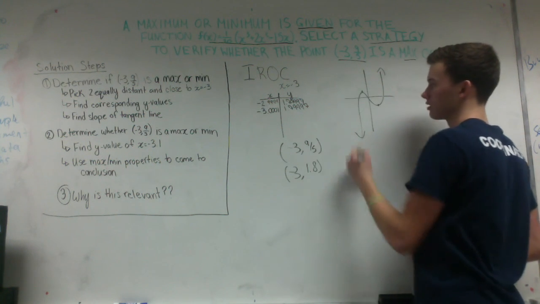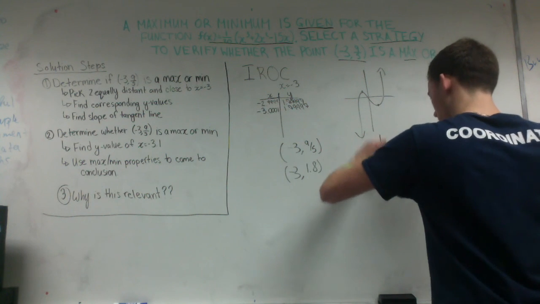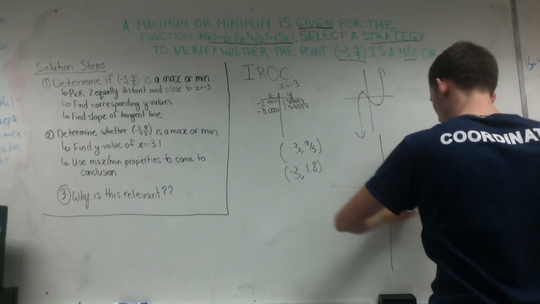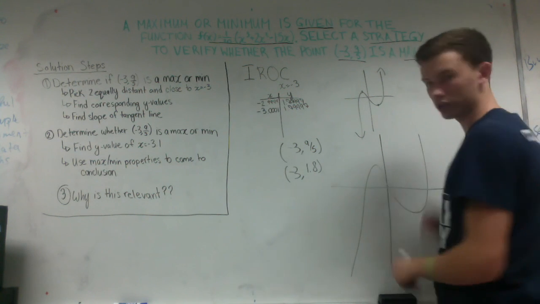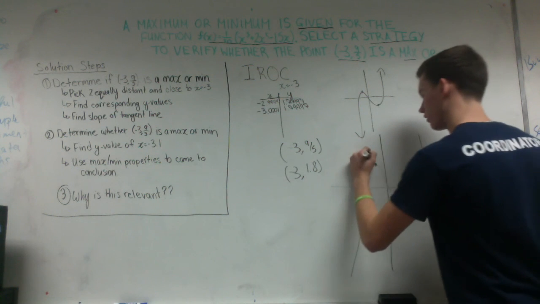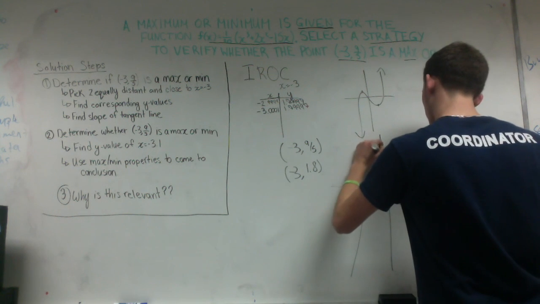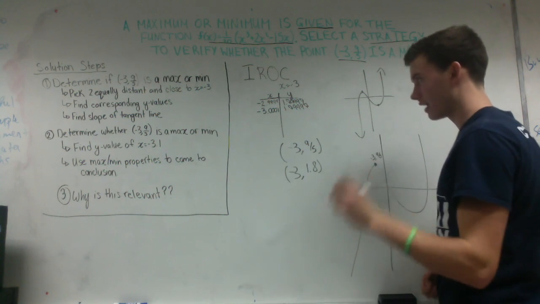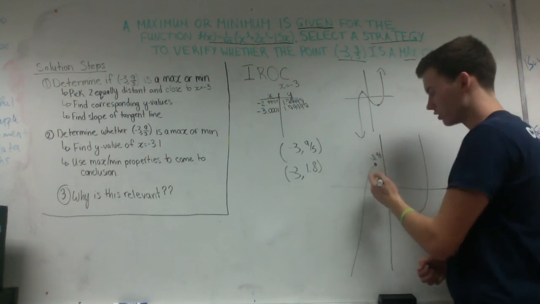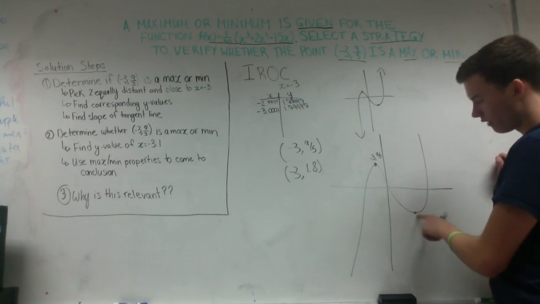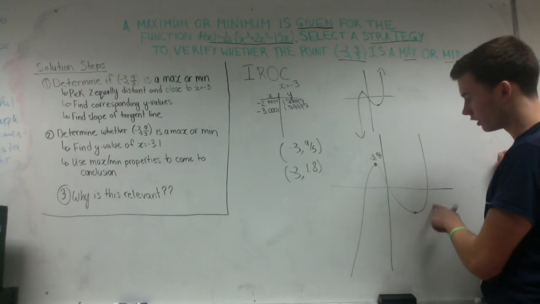If I draw this a bit bigger so you can see the big picture, here we go, that's our function. We have our point up here, that's negative 3, 9 over 5, and at negative 2.9999, our y value goes down. And if negative 3 were our min, our y value can't go any lower.